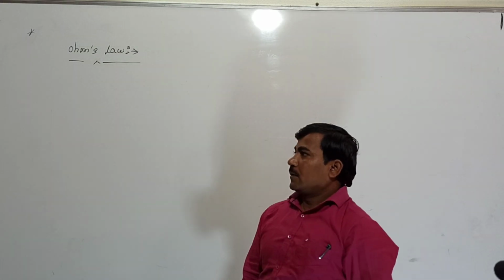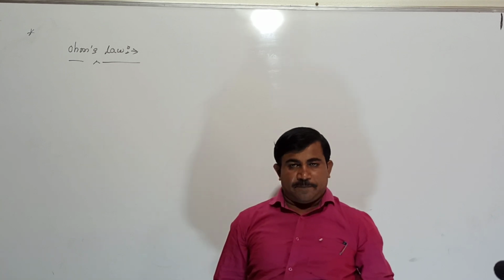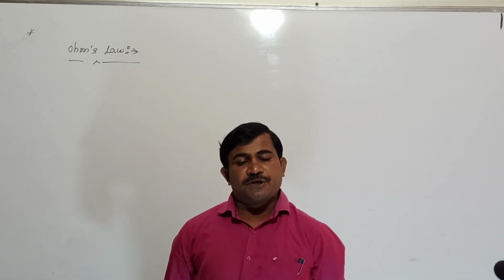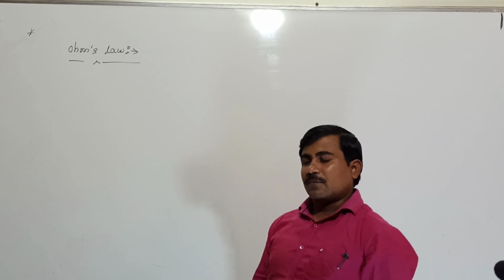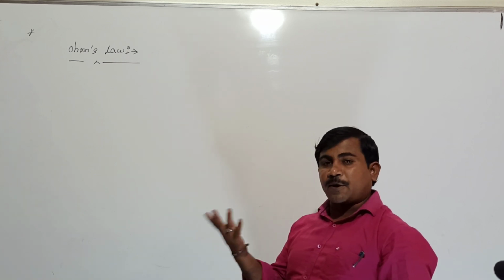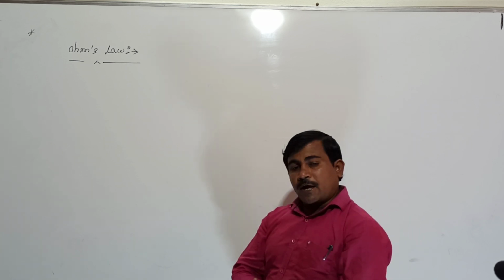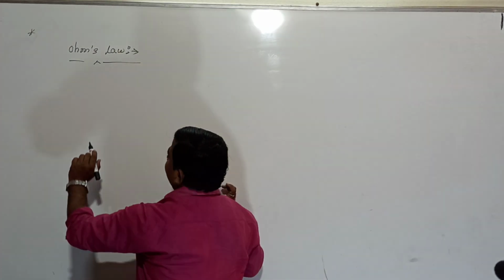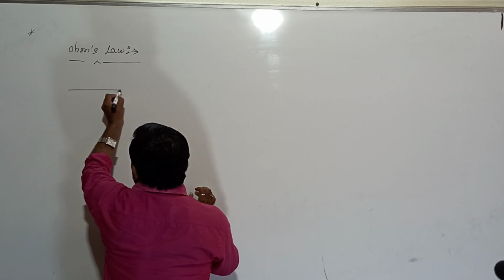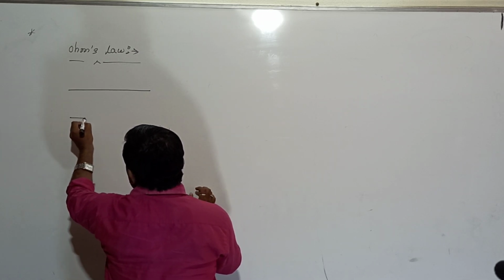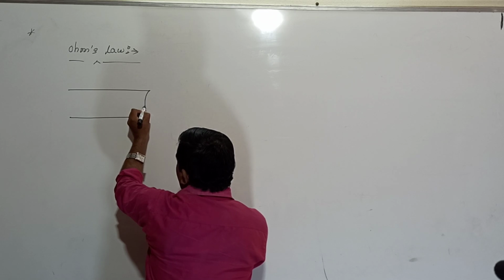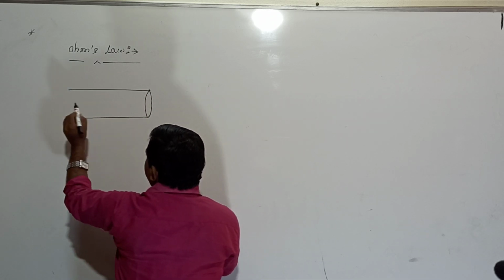Before the statement of Ohm's law, we need to know some relation between electric field and drift velocity along with applied potential difference. To take this derivation, again we will take a conductor. See here, this is the conductor.